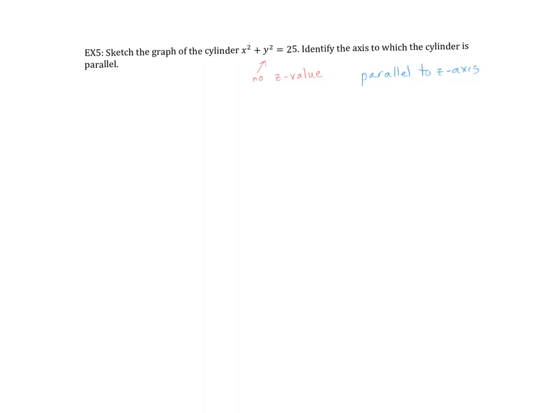Now I want to sketch the graph. So the first thing I'm going to do is draw my coordinate system. So I know it's parallel to the z-axis. What I'm going to do now is try to find the xy trace.